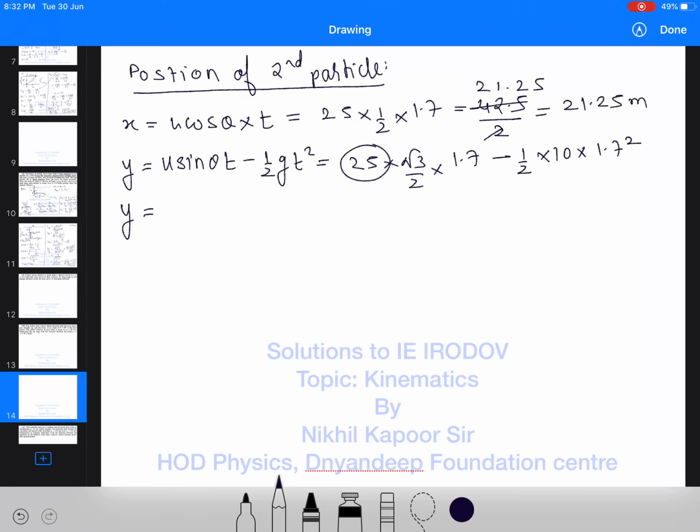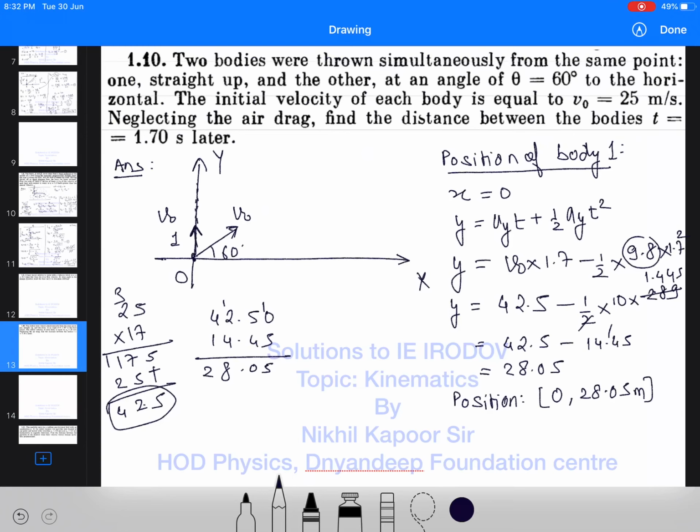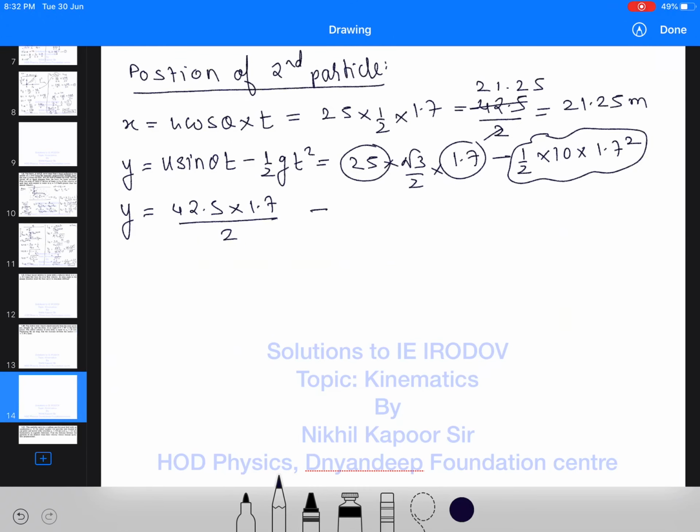So the y coordinate will be equal to 25 into 1.7, that we already know, 42.5, into the value of root 3, which is 1.732, but I will write 1.7 only, upon 2, minus the square of 17, which we have already solved in the previous case, and got 14.45.